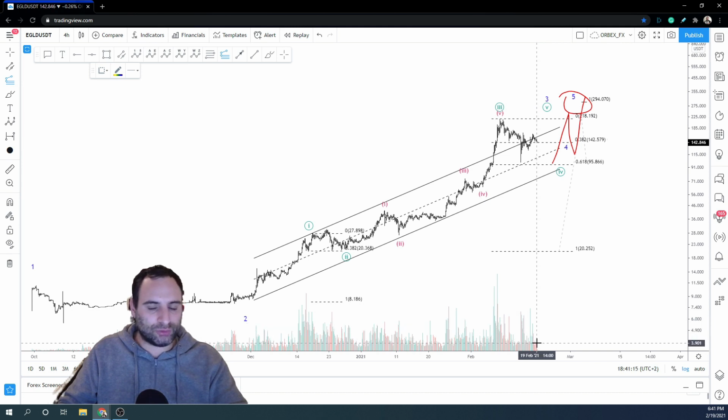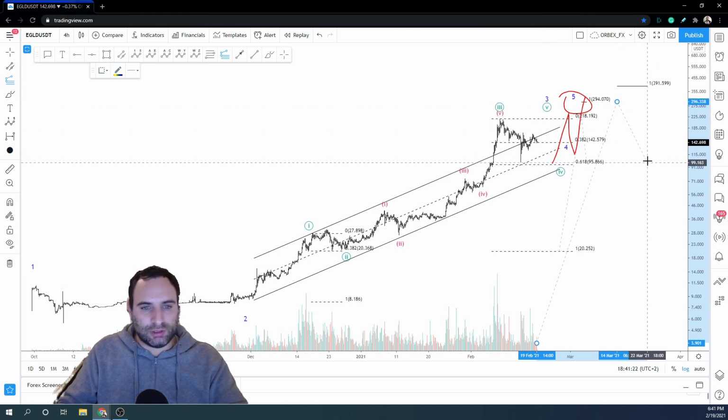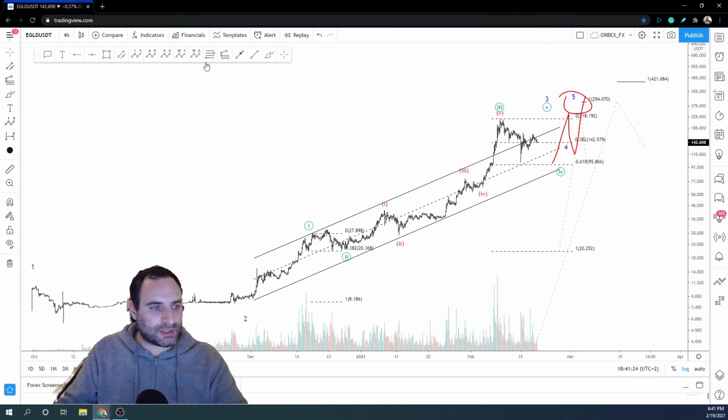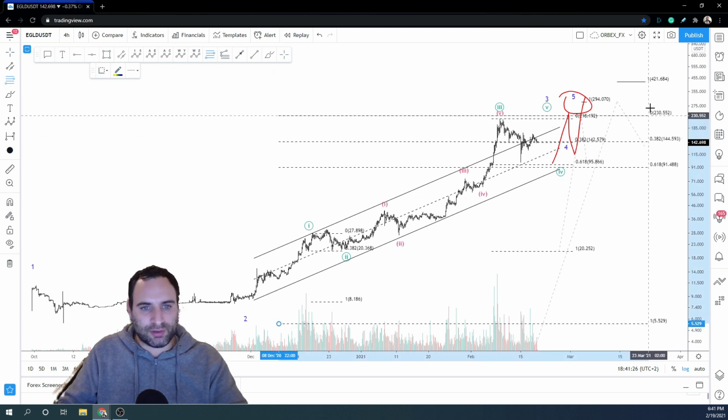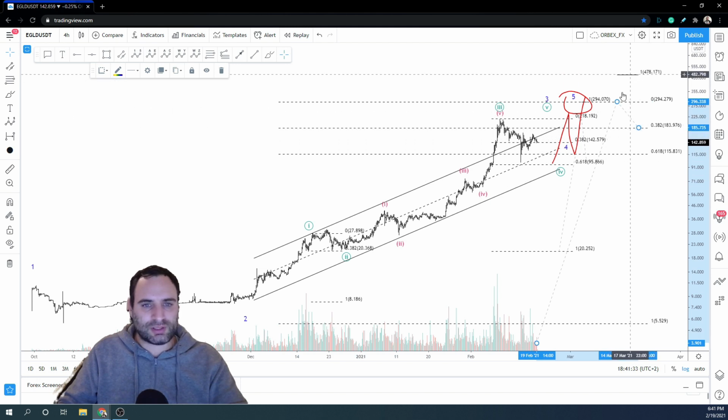I should go down to 0 really, but let's just leave that there. If we assume we'll go to 294 and then we'll correct lower, the correction obviously is not going to be as big because most likely we're going to go to the 38 of that, which means 183. If we get that, we're looking at 478 at least.